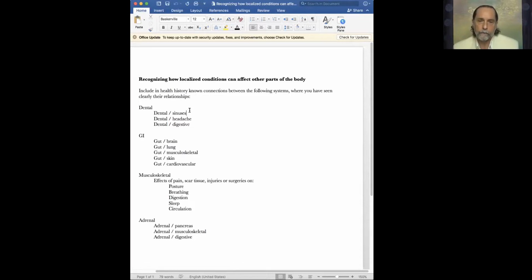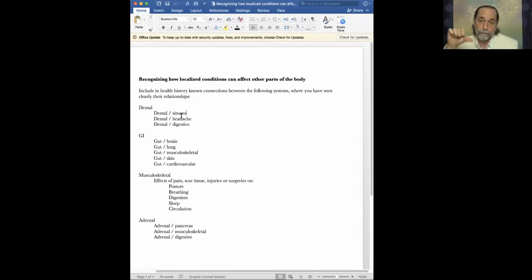So for example, when you do your health history, did you find that you had certain dental work done and then you had sinus problems? Did you start getting sinus infections after that root canal in the upper jaw, okay? Dental and headaches, that's very common. How about dental and digestive, all right? There's a strong link between both systems both ways, all right?